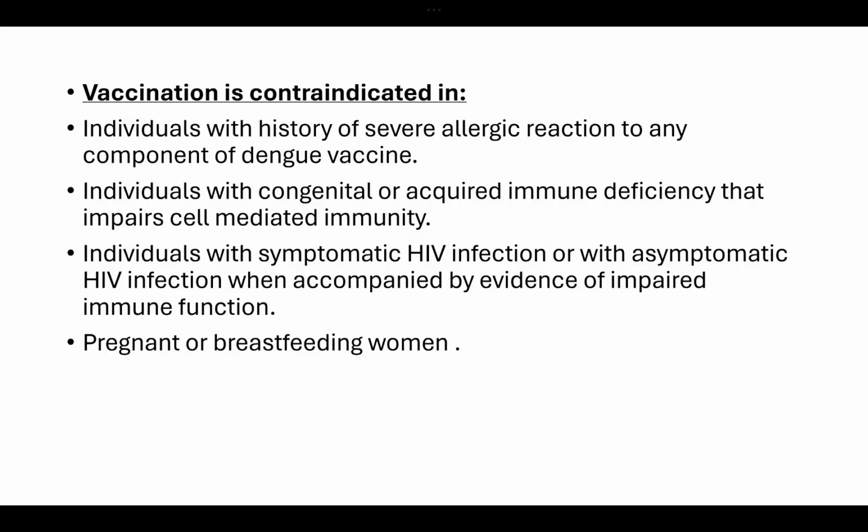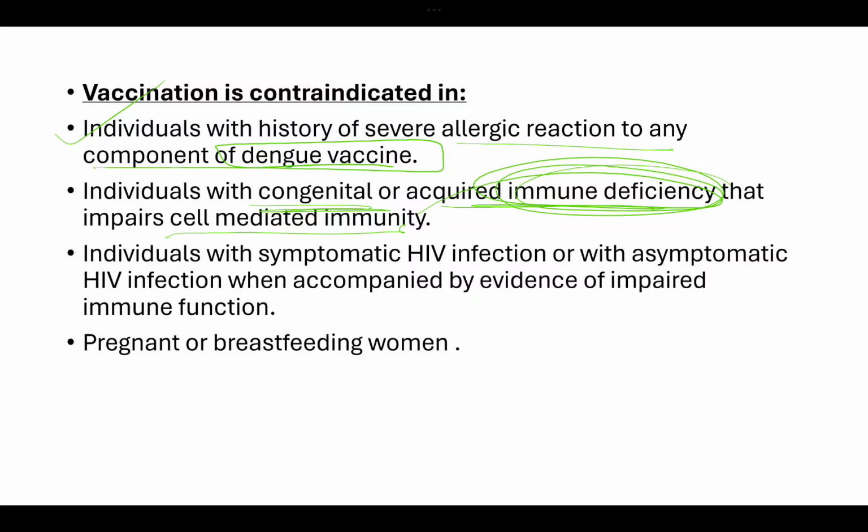Next, the vaccination is contraindicated in a few people. Individuals who have a history of severe allergic reaction to any component of the dengue vaccine are contraindicated. Individuals who have congenital or acquired immune deficiency that impairs cell mediated immunity are also contraindicated, as are those with symptomatic HIV infection or asymptomatic HIV infection accompanied by evidence of an impaired immune system.